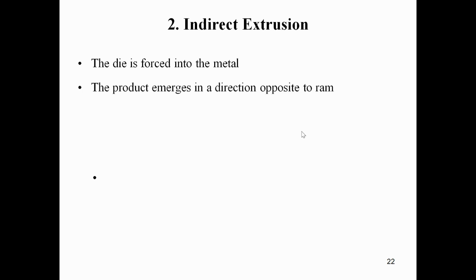Next, in backward or indirect extrusion, the die is forced into the metal so that the product emerges in the direction opposite to the ram. When the billet metal is forced with the help of a ram, it flows in the opposite direction to the ram direction.